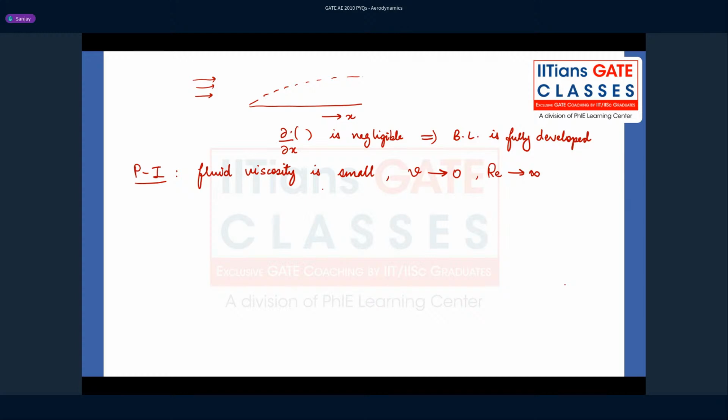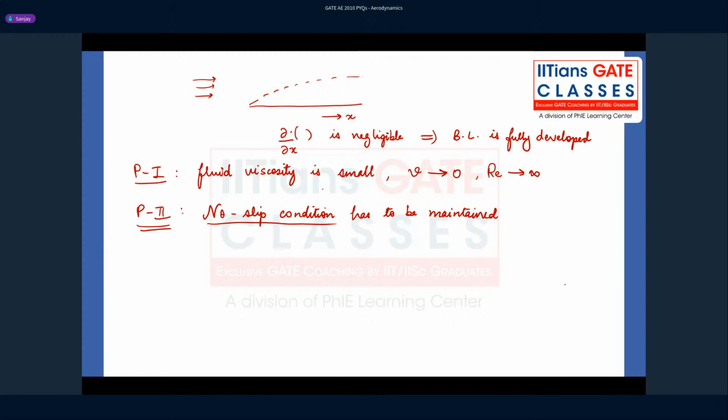These postulates are actually at the heart of the boundary layer equations. Now what is the second postulate? The second postulate is that the no slip condition has to be maintained.